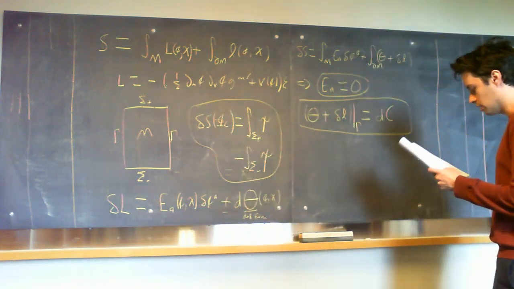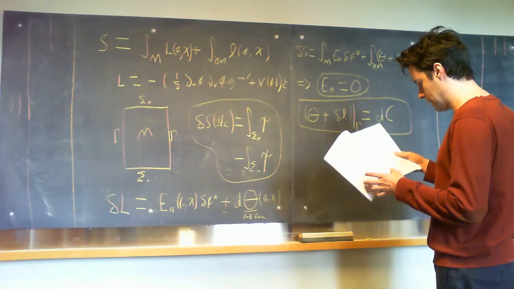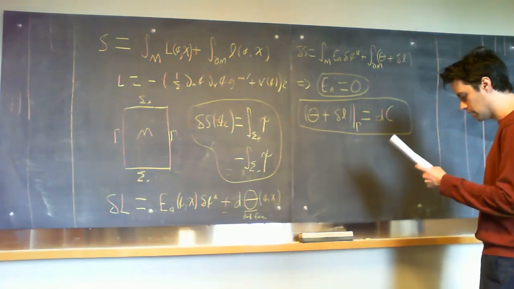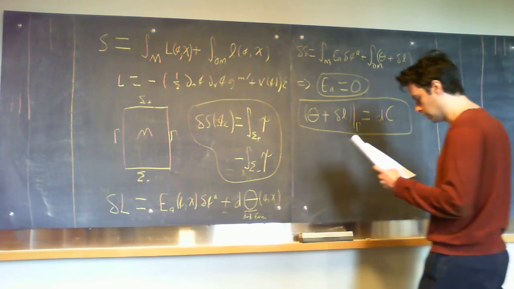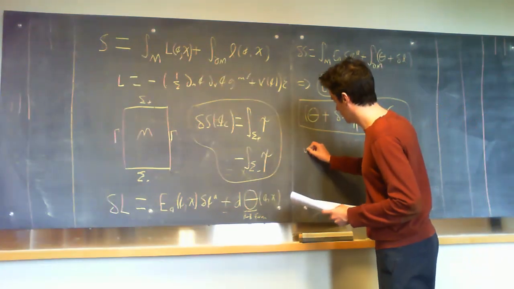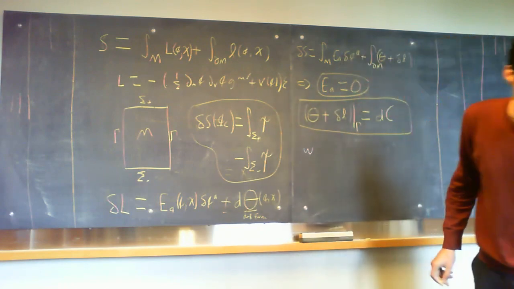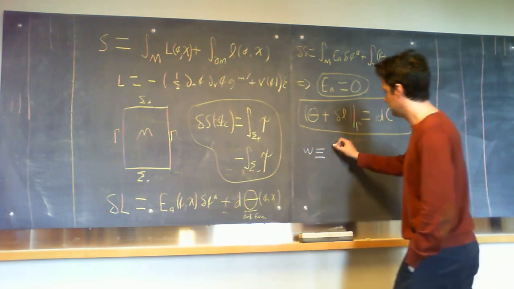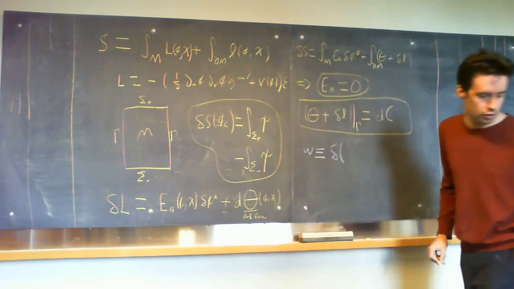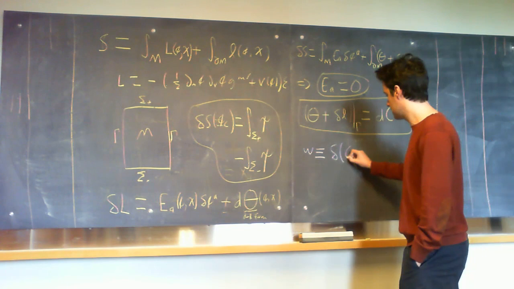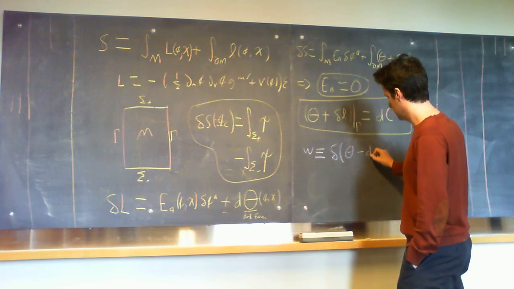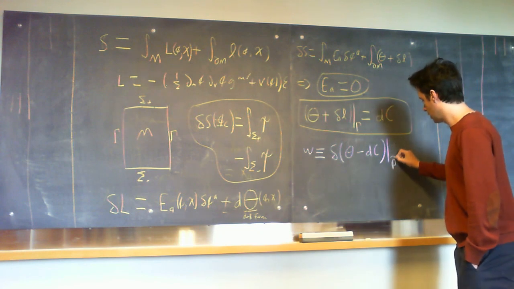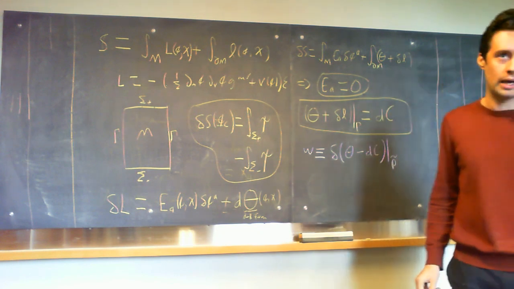Okay, now let me give the definition of the symplectic form. So I'm going to do it in the following way. I'm first going to define a pre-symplectic current, little omega, which I define as the exterior derivative of theta minus dC, evaluated on pre-phase space. So that's a pullback, if you like.